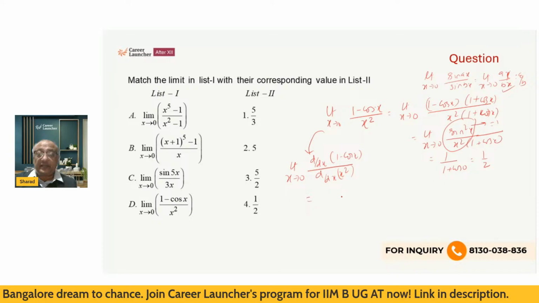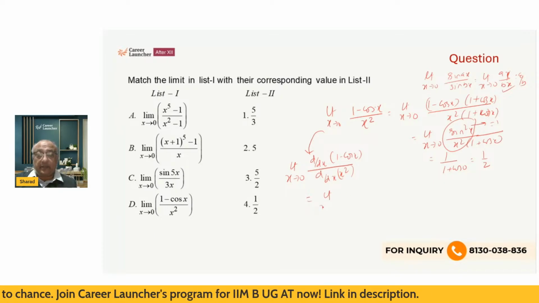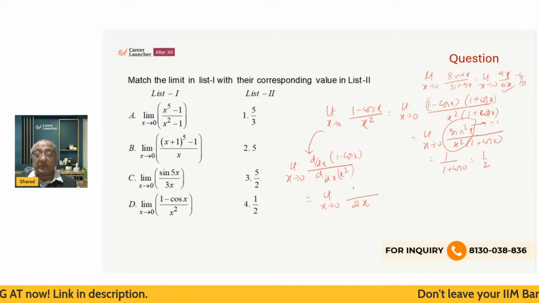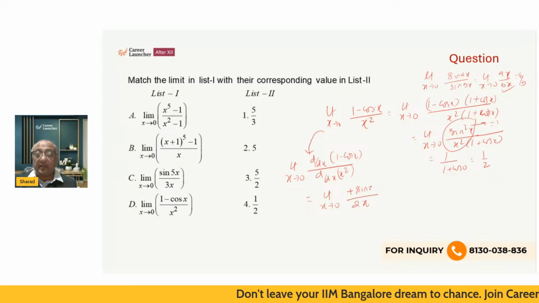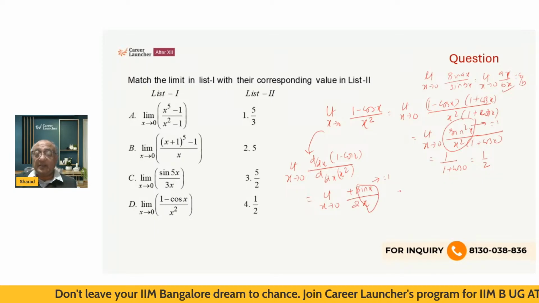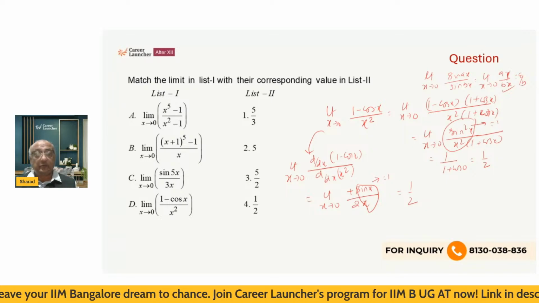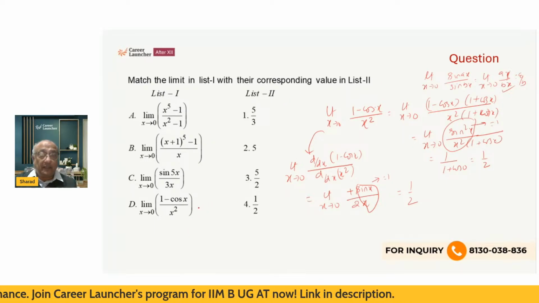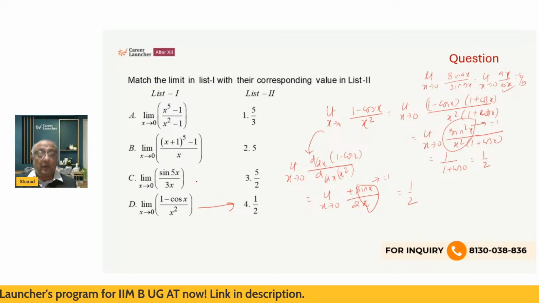If I differentiate, the limit is not resolved yet, so we'll write this again: 2x, and this will be nothing but plus sine x. Now this is simple. Sine x by x is tending to 1. So I'll again have the answer as 1 by 2. So please remember, you can also remember this as a formula, that this value is equal to 1 by 2.